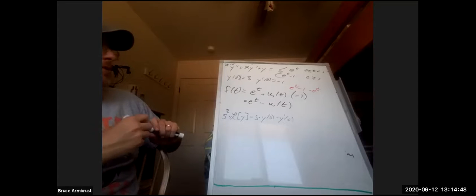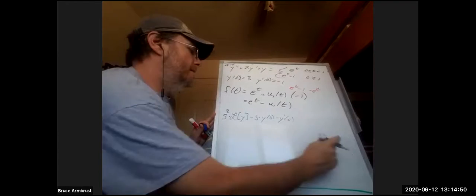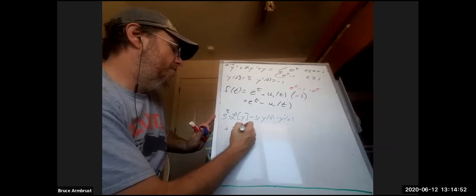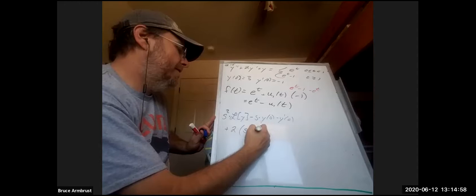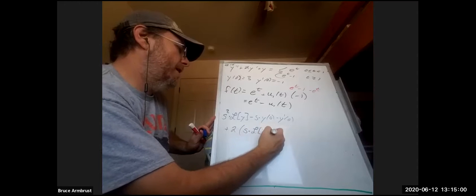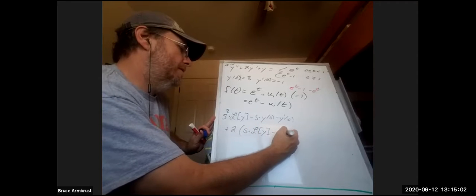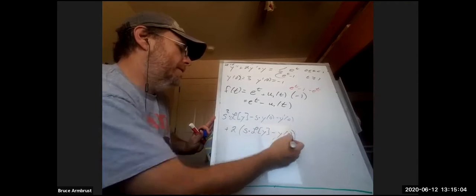So then we need to add 2 times the Laplace transform of y prime. So that's going to be s times the Laplace transform of y minus y of 0.